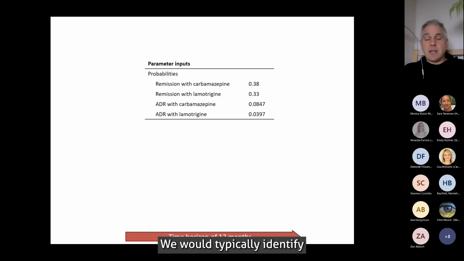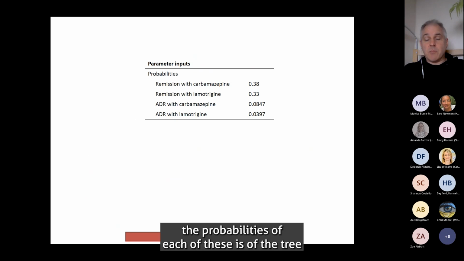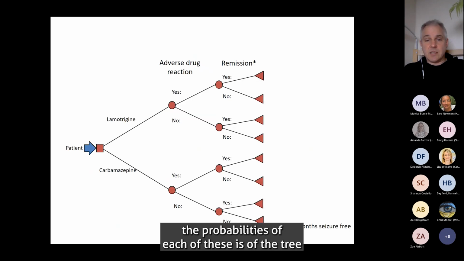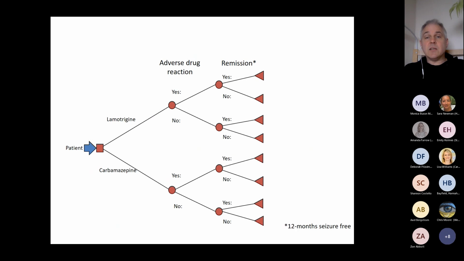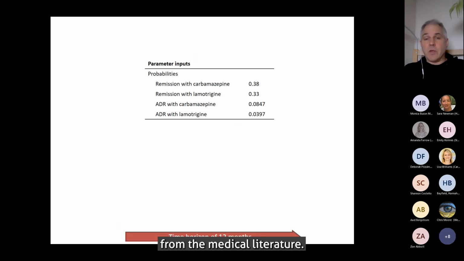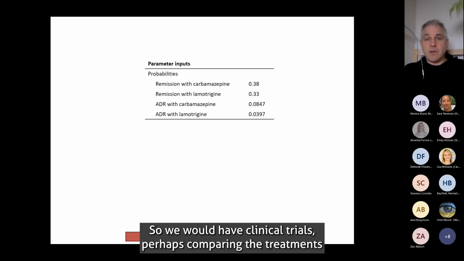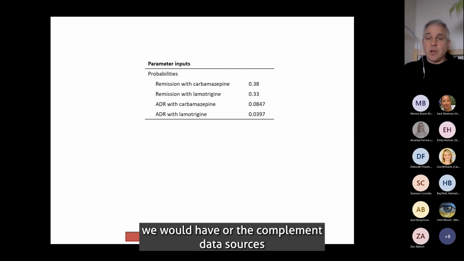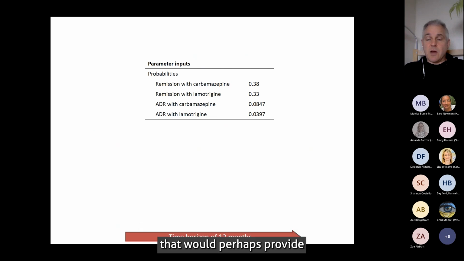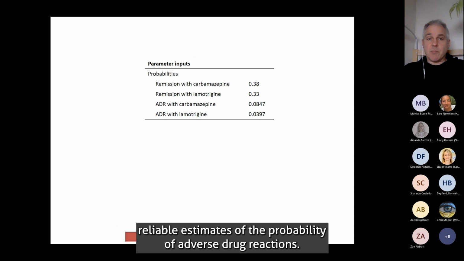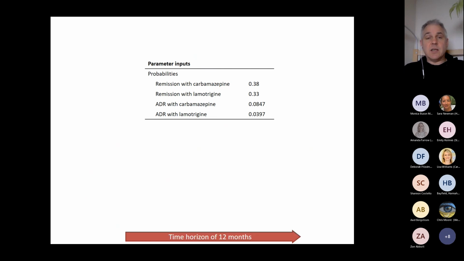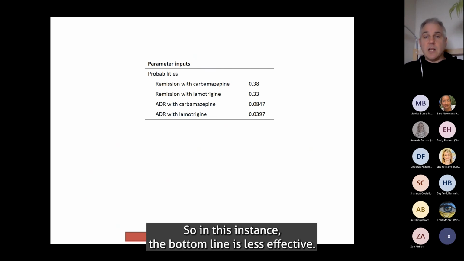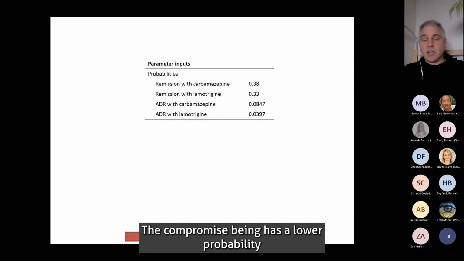We would typically identify the probabilities of each of these branches of the tree from the medical literature. So we would have clinical trials, perhaps comparing the treatments. We would have other complementary data sources that would perhaps provide reliable estimates of the probability of adverse drug reactions. So in this instance, lamotrigine is less effective than carbamazepine.